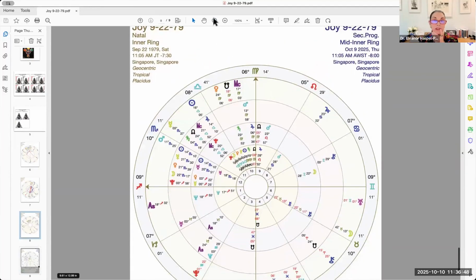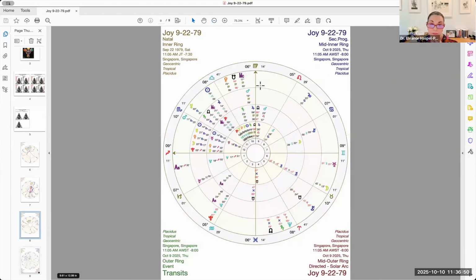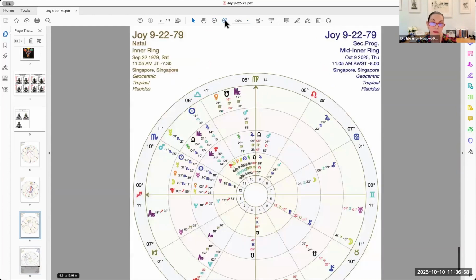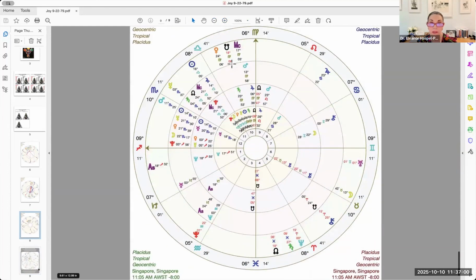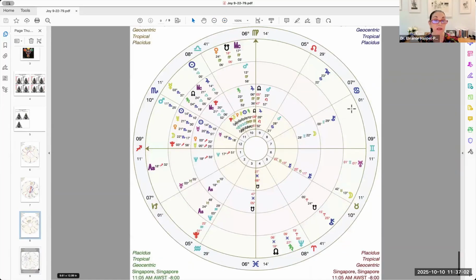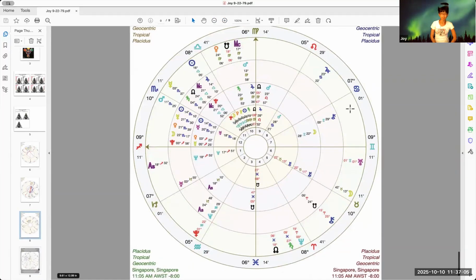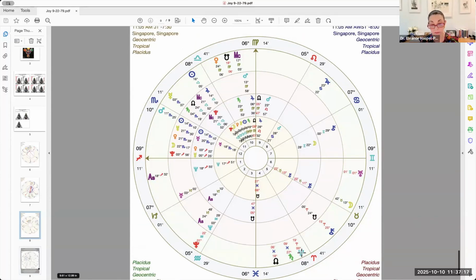Right now, this is your progressed chart. I'm going to make it a tiny bit bigger. See if I can get it. Yeah, this is better. You can see this okay? Yes. Okay. We have an aspect cosmically right now between Neptune, Pluto, and Uranus.